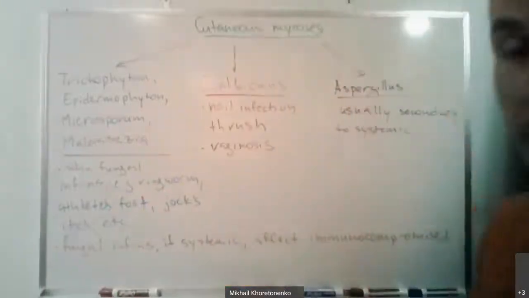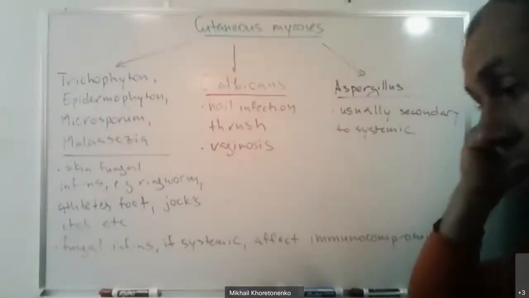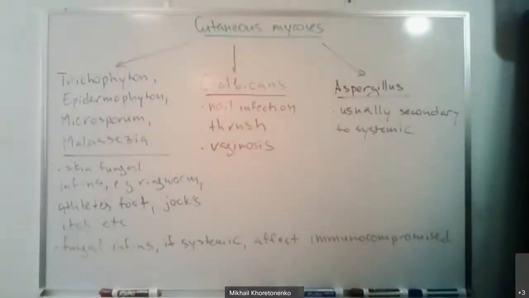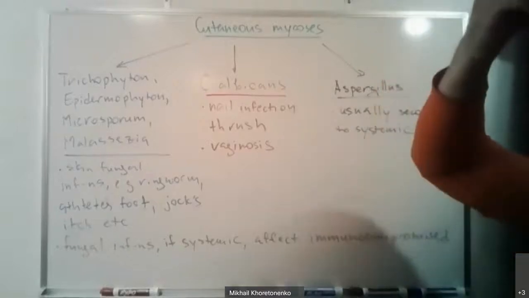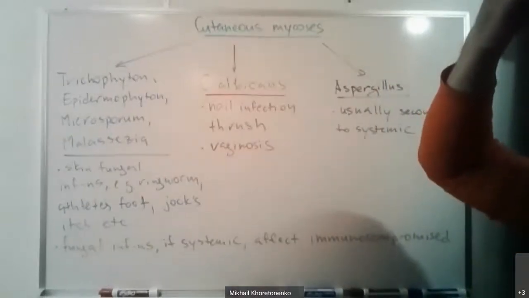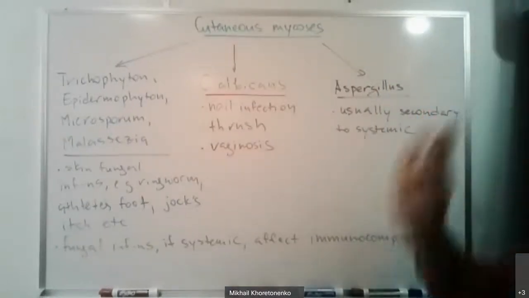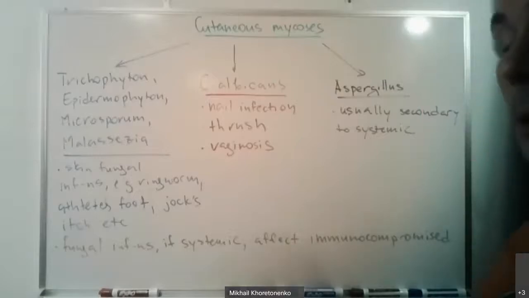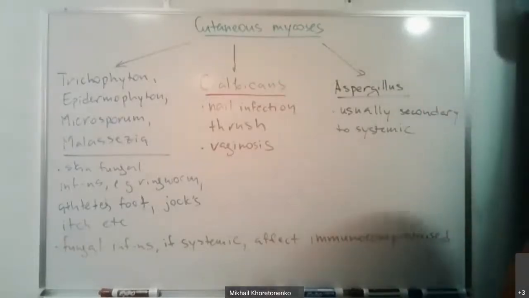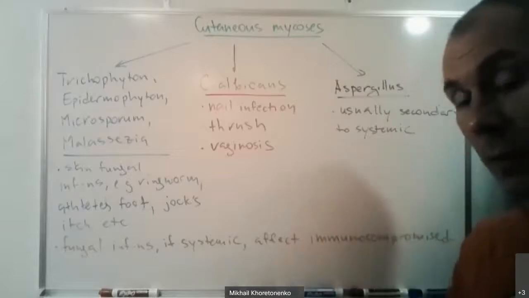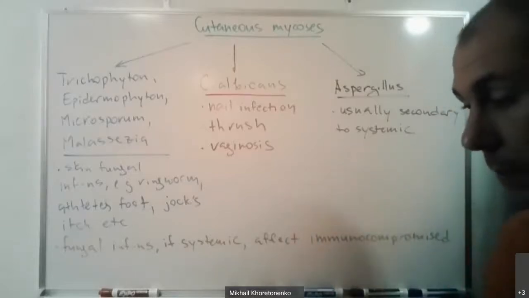Let me explain what it means. If you have an immunocompromised patient who has a systemic infection with Aspergillus, the microorganism can travel by means of the blood and end up somewhere close to the skin and cause skin infection from within. Does that make sense?